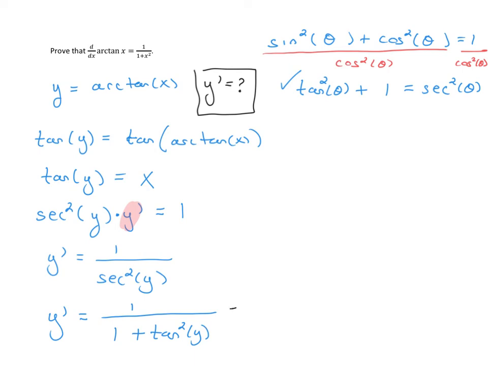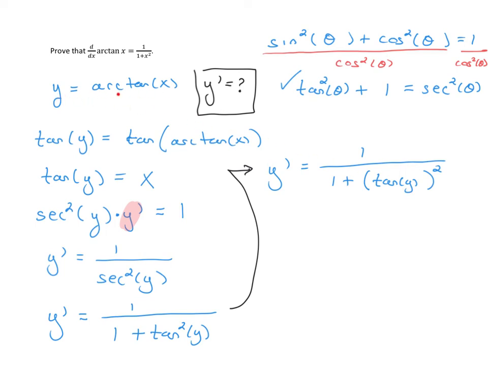All right, we're really close. We're almost there. Y prime is equal to 1 over 1 plus, well, tangent squared, maybe I'll write it like this. This is tangent of y squared. Same thing, means the same thing. Well, I want this thing in terms of x, and this is what I defined y to be equal to.